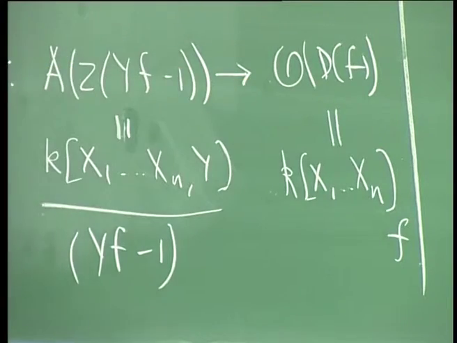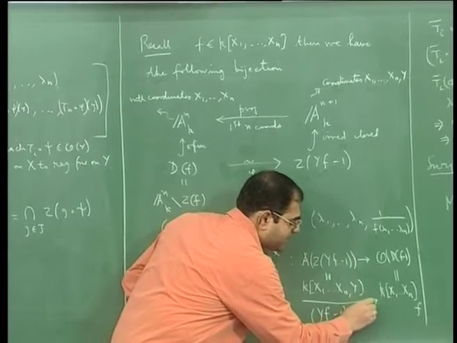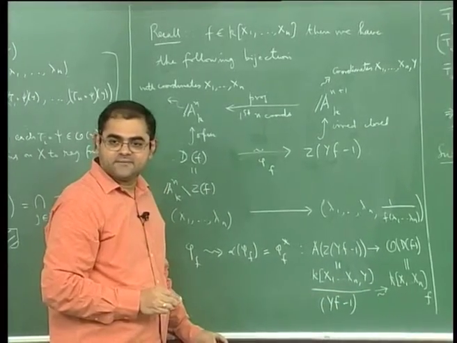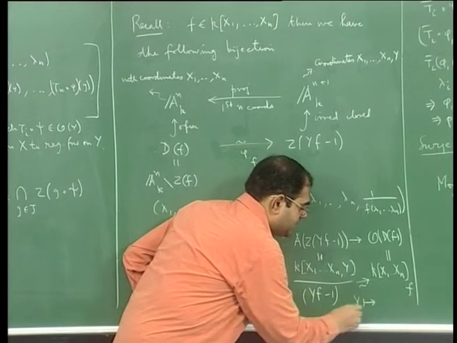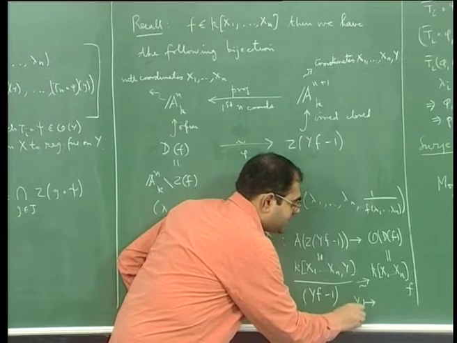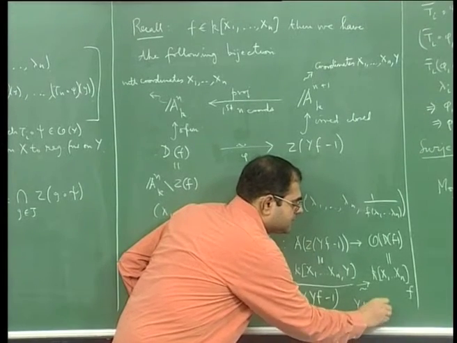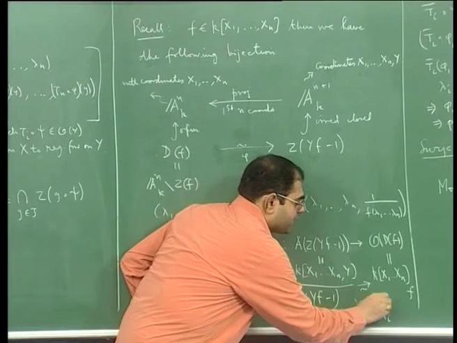Okay, this checking can be done, and after you do that checking, you check that this map is the natural isomorphism you get in commutative algebra. It is a map that is given by sending xi to xi and sending y to 1 by f.